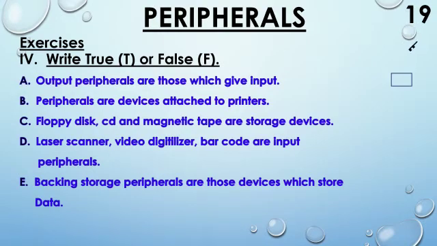The answer will be false. B. Peripherals are devices attached to a printer. The answer is false. C. Floppy disk, CD and magnetic tape are storage devices. Answer will be true.